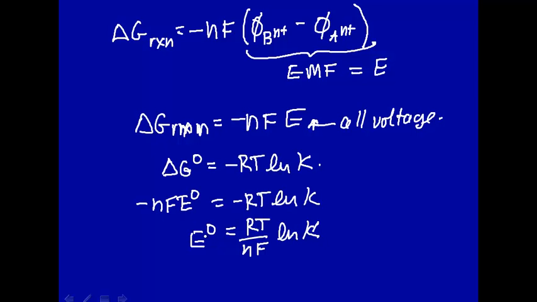So E0, you measure standard cell voltage. We'll talk about what standard cell voltage is in just a minute. It's just related to the equilibrium constant. So equilibrium constant related to free energy, cell voltage related to free energy. Everything is focused in a chemical reaction for chemists around Gibbs free energy changes.